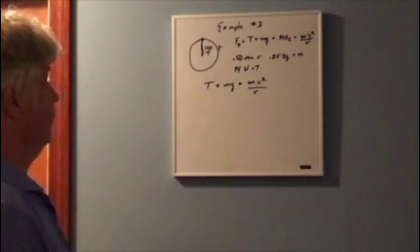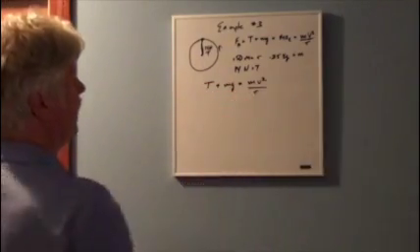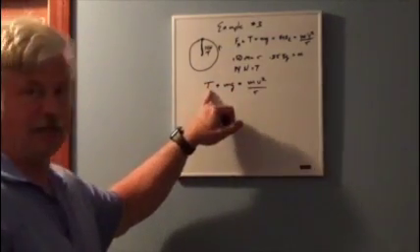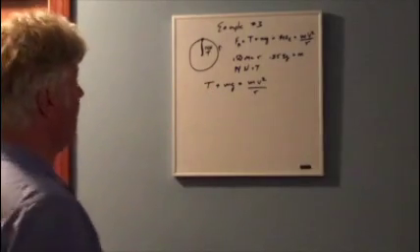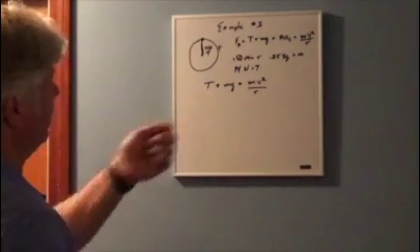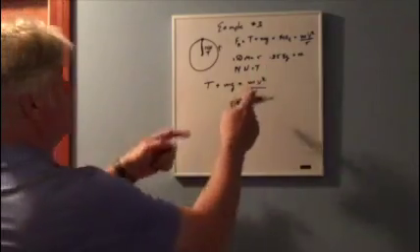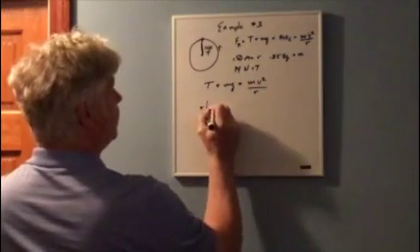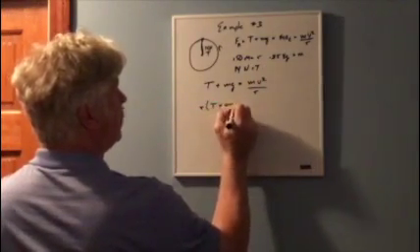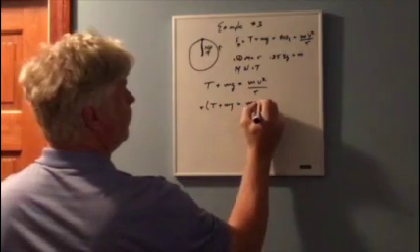Oh wait, we can't cancel out the m's because our tension doesn't allow us to do that. So how about if we get rid of the division? If we multiply both sides by r, we have r times (T plus mg) equals mv squared.